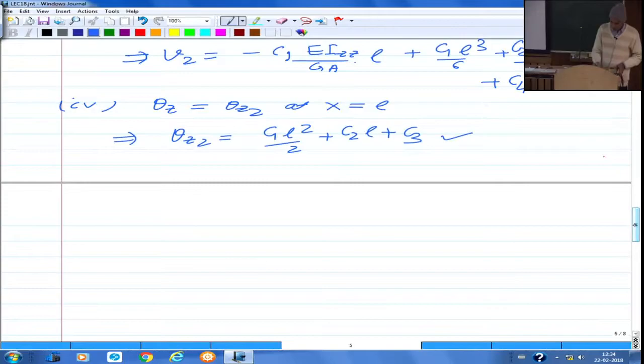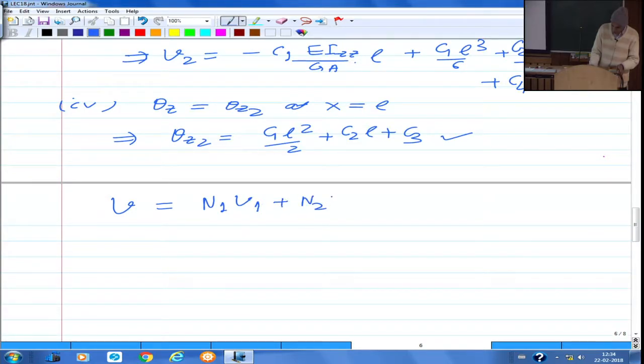So it would be n1 V1 plus n2 theta z1 plus n3 V2 plus n4 theta z2, but theta z is not the same thing; it will have, let us say, m1 V1 plus m2 theta z1 plus m3 V2 plus m4 into theta z2.